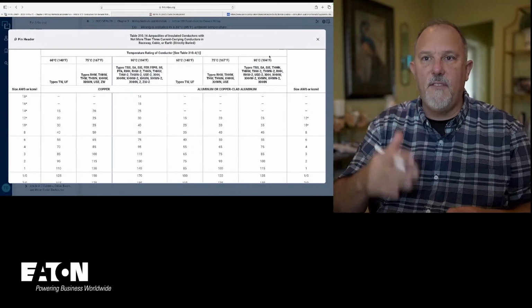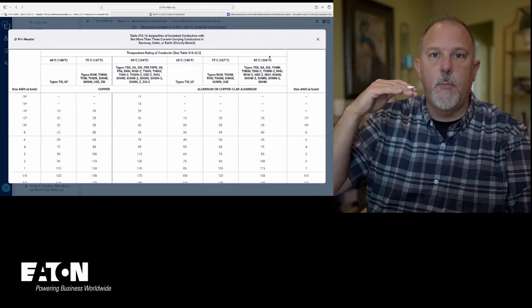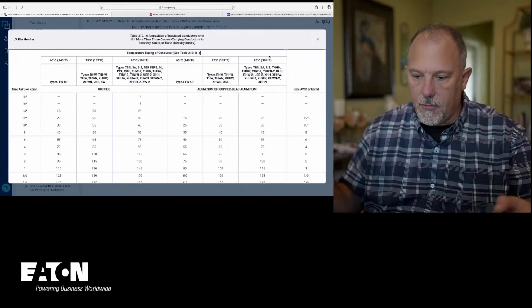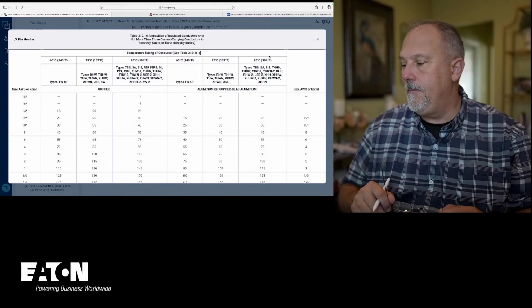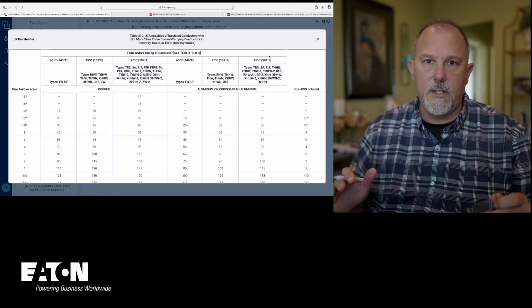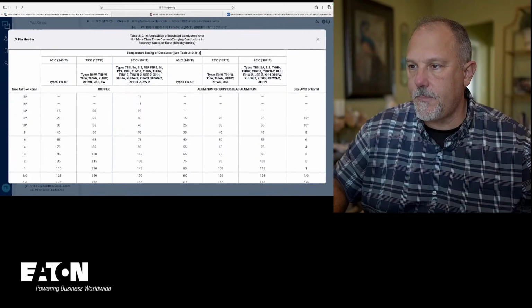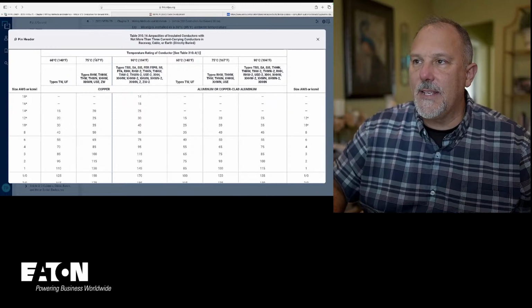But remember, the definition of a continuous load is maximum current for 3 hours. So I'm going to say this is a non-continuous load. So I need 800 amps worth of conductor. And I need to be in the 75 degree C column.